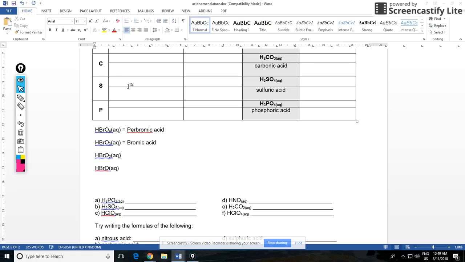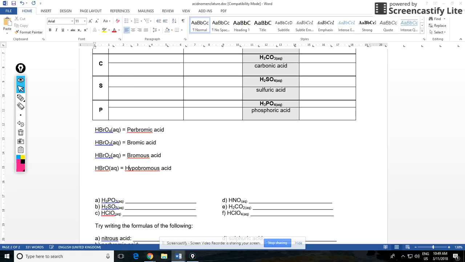The one below the O3 is the ite ion, the bromite. So this would become bromous acid because you replace the ite ending by ous when it's the acid. And finally here we had hypobromite. Since it ends in ite, you replace it by ous and then add the word acid.